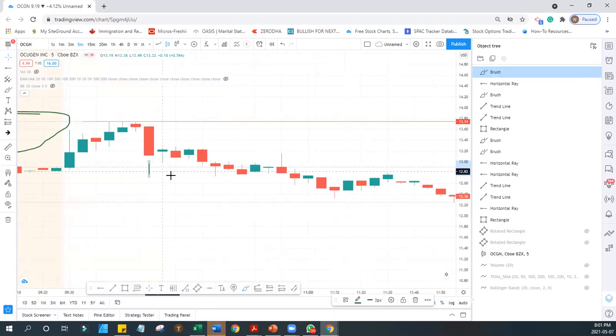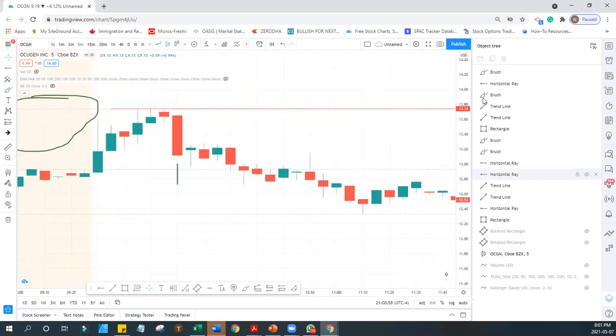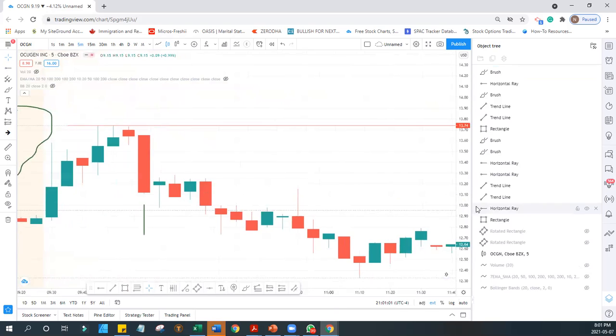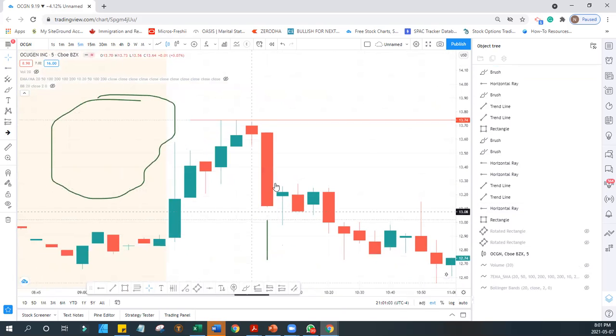This candle where you don't have a wick, up or down, or a very minor wick, is called Marabuzo. Whether it's green or red doesn't matter.